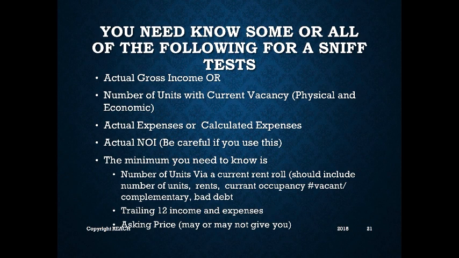A lot of times, brokers and other people are not going to give you the trailing 12 initially. If I get a current rent roll that includes this and the asking price, I can figure out generally what I can offer. And so that helps me a lot.